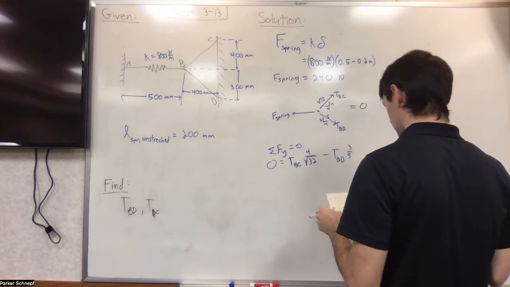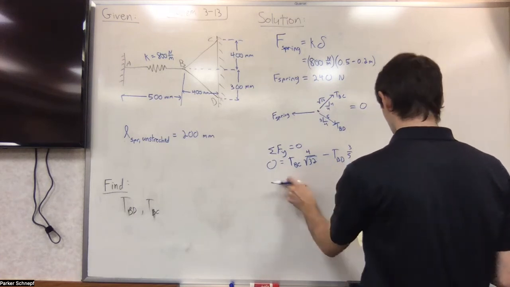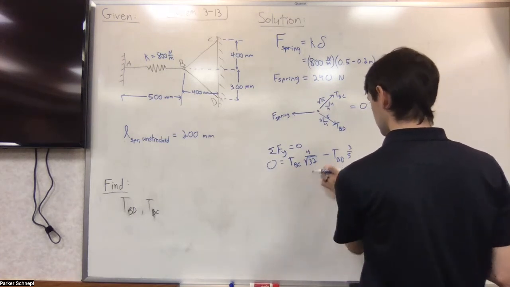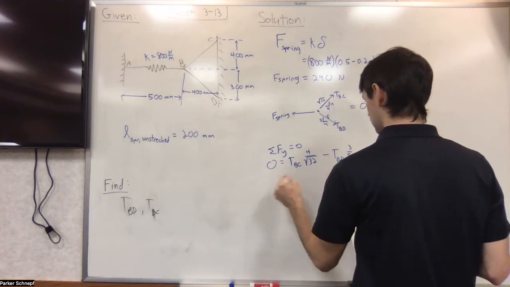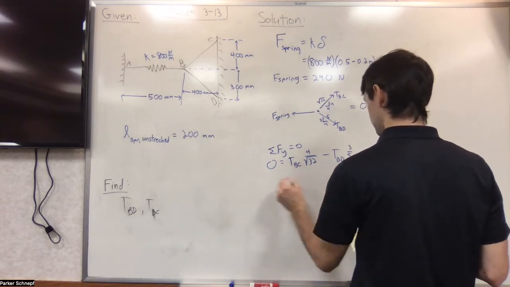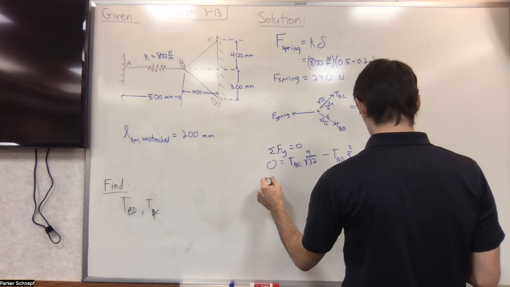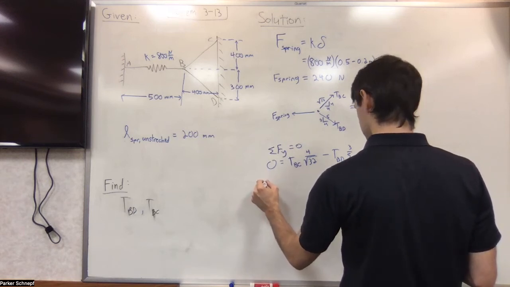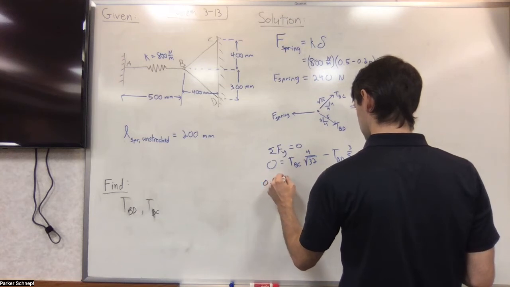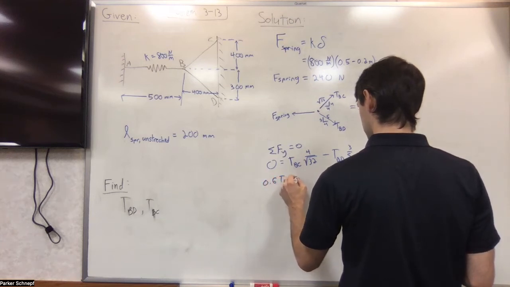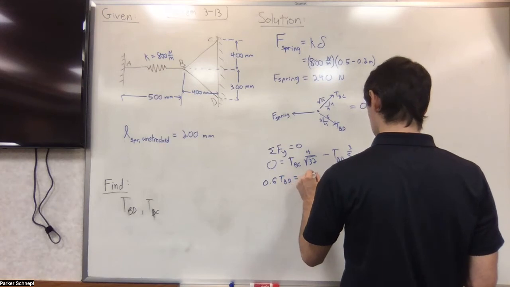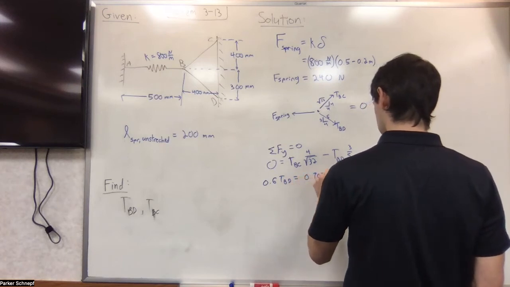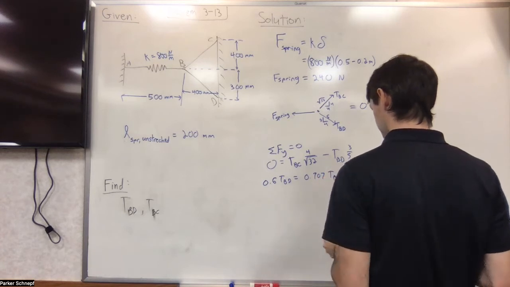And so then when I rearrange this, I'm going to pull TBD over to the other side and turn these into decimals. Again, I'm getting that 0.6 TBD equals 0.707 TBC.